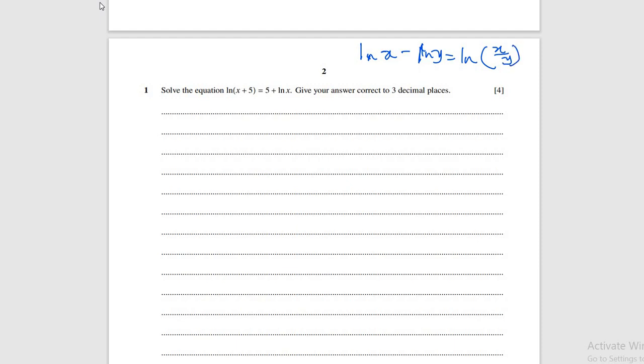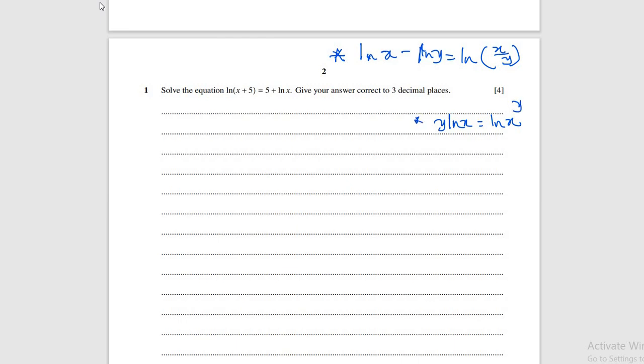Take note of that. I want to highlight the rules we need to solve this question. And also, if you have y ln x, it simply means ln x raised to power y.